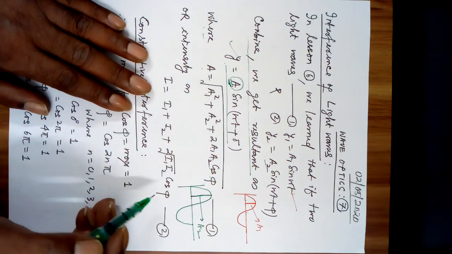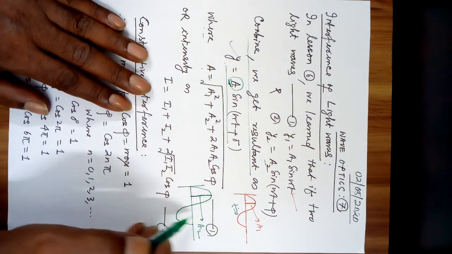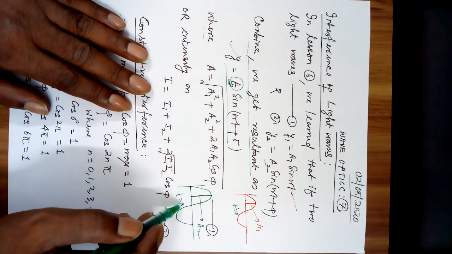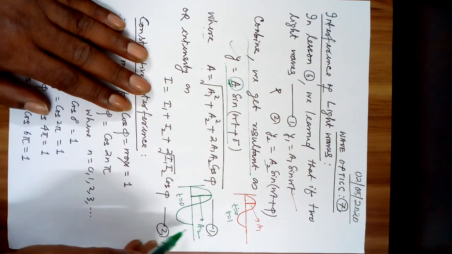What do you mean by phase difference? Suppose this wave started at t is equal to 0, this also started at t is equal to 0, and after t is equal to 1 second, this also after t is equal to 1 second.